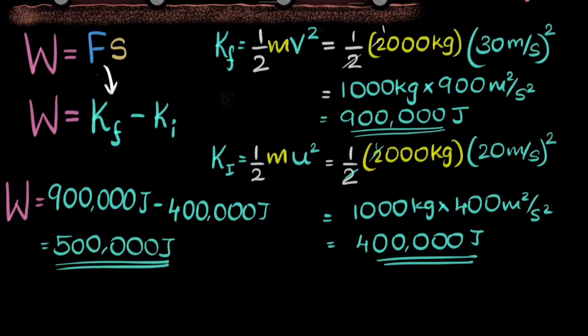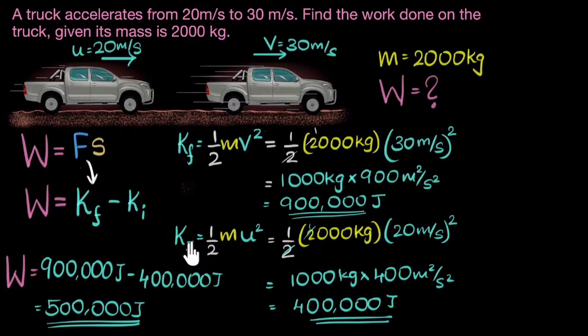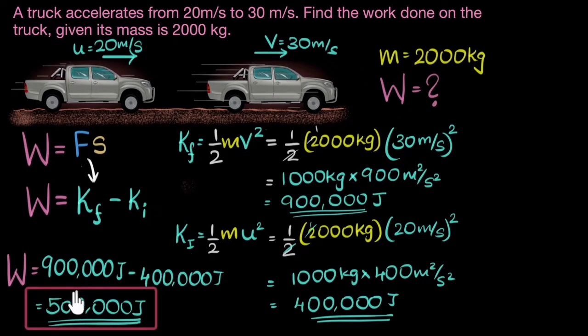That's our answer. So let's put everything in one frame now. This equation is basically saying that the truck gained 500,000 joules of kinetic energy, and so that must be the work done on the truck. And so this is how, when velocities are given, we can directly use the work energy theorem to calculate the work done.